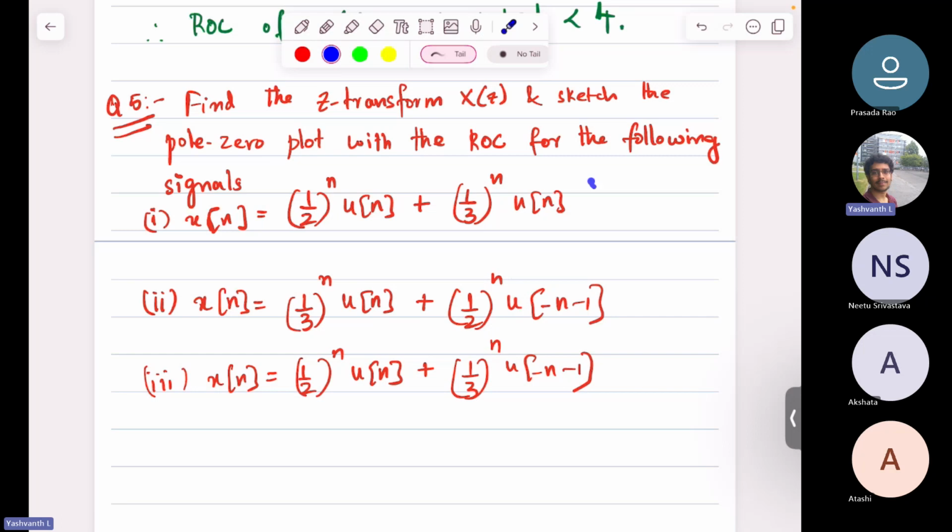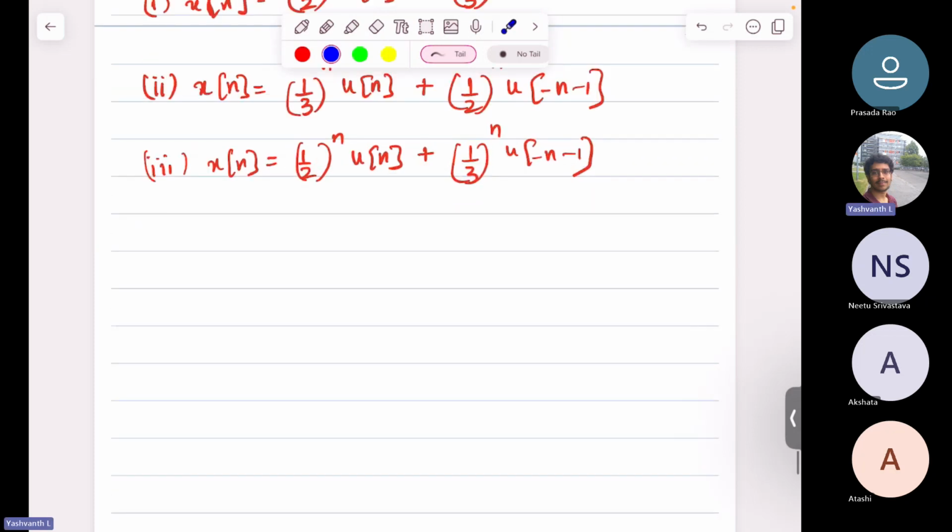So now the question is, these are the three signals. For each of these signals, find x of z. From the x of z, find the poles and zeros and plot them on the z domain plot. Along with that, mark the regions of convergence for all these three signals. Okay, let's solve it.